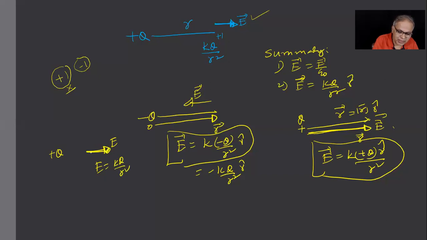If I show the vector like this, I can write the direction separately from the magnitude. But if I don't want to show anything, I'll simply say E at this point is K into plus Q by R square R cap. That's all. So this will tell me that it is along R. I need not show the direction of E like this.